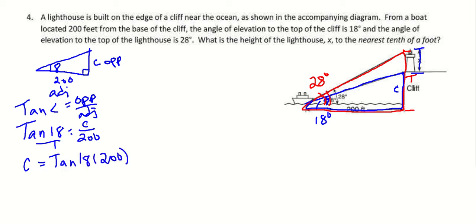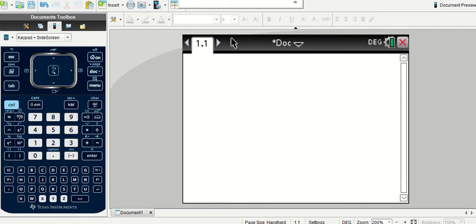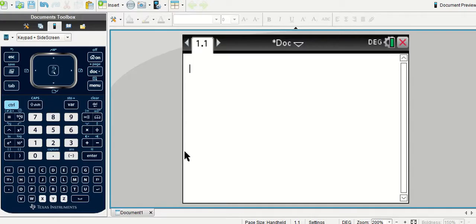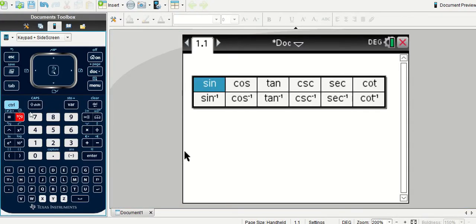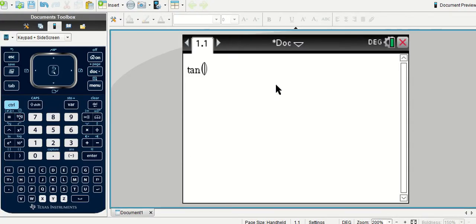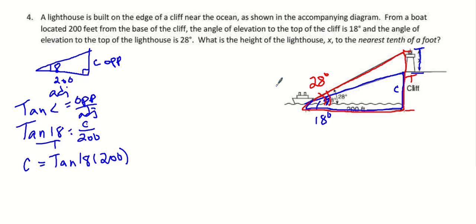I take my calculator. I'll load it up, one second. All right, and then we're going to simply type in our tangent of 18, so trig tangent 18, and then times 200. And we end up with that number, and we're going to the nearest tenth of a foot.